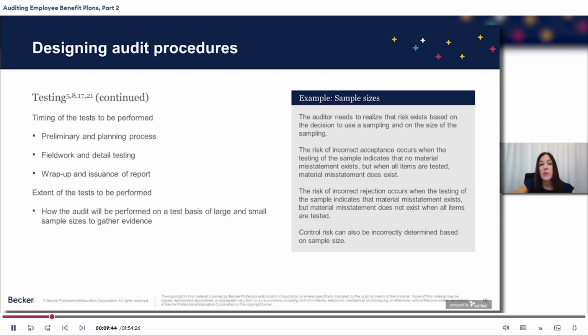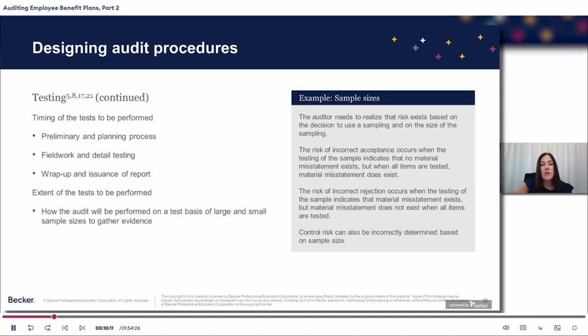They have to be filed within 7 months after the plan's year end, and they could get an automatic extension for an additional 2.5 months. So we need to factor in the timing of those deadlines when we are looking at starting our planning process and completing our fieldwork and detailed testing. This will also have an impact on the extent of the test to be performed.